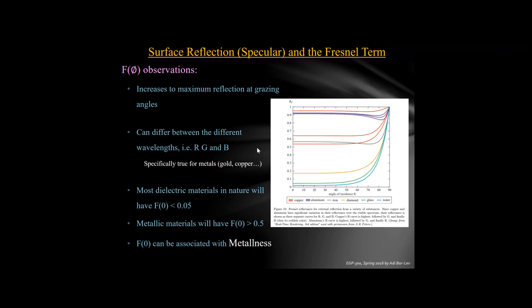In fact, the average will be 0.02 to 0.04. F0 means the reflectance at zero angle, meaning 90 degrees looking straight down. In contrast, the F0 of all the metallic materials will be way higher. It will start at 0.54, I think it's the lowest, but usually it will be around 0.7 to 0.9.